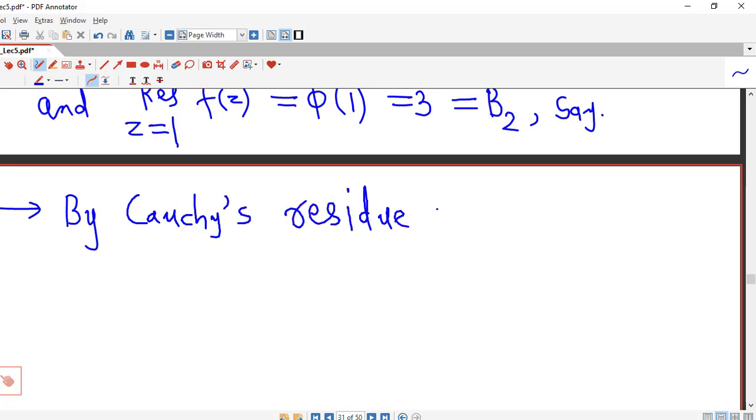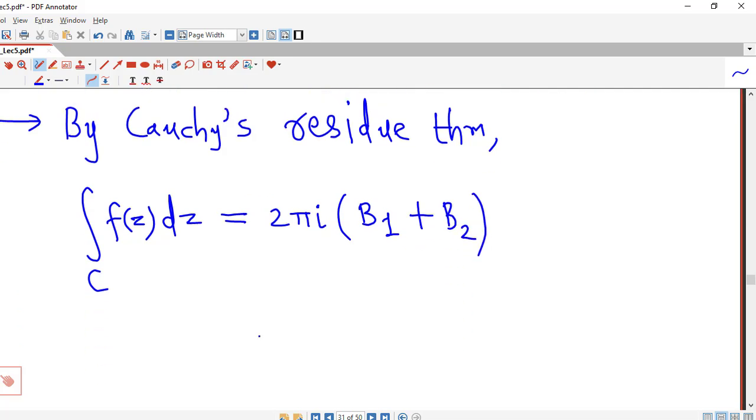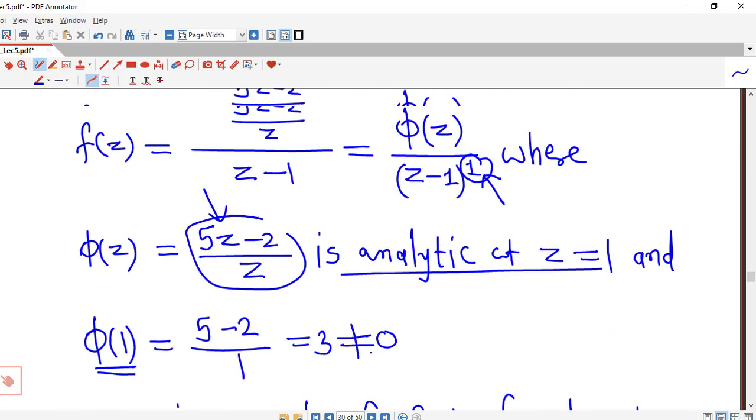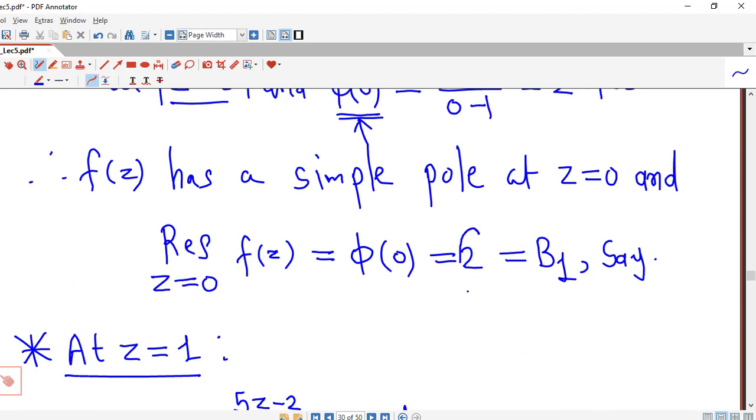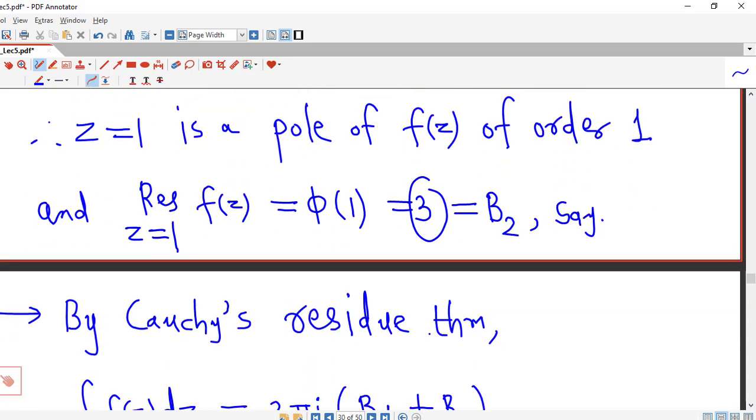So now by Cauchy's residue theorem, integral of f of z along given contour or given circle mod z equal to 2 is 2 pi I times sum of residues of f of z. Residues of f of z are denoted by b1 and b2. So sum of b1 and b2. So we substitute values of b1 and b2. b1 is 2 and what is b2? b2 is 3, so we have 2 plus 3.